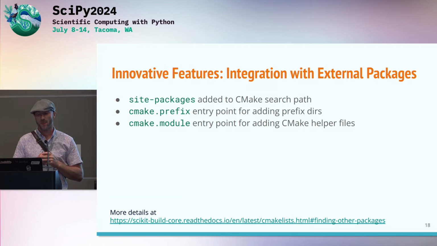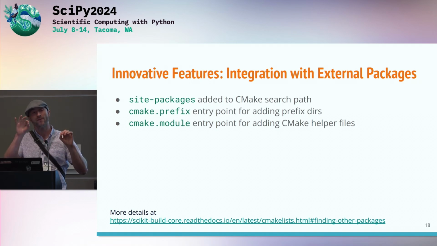It means each package that exposes that entry point will be discovered, and we will expand the CMake prefix path with the path of all these projects. That way, if in your project you do a find_package of the name of the project, it will be discovered automatically. It means we have a way to build this interdependency between projects so that they are discoverable easily without hard-coding any location.